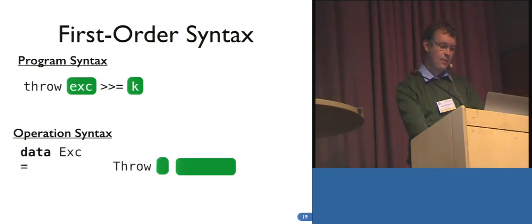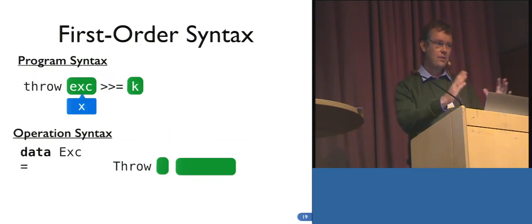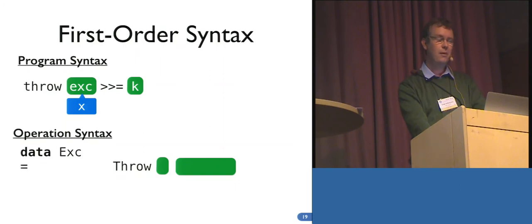To capture this in syntax, we will set up a new data type for this exception operation. So we have a constructor throw, and we also have two fields. One is for the exception, and the other field is for the continuation. The type of the exception, we'd like this to be polymorphic, so we choose a type variable x, and that's going to be the type of the first field of the constructor, and we'll parameterize our data type over this x.